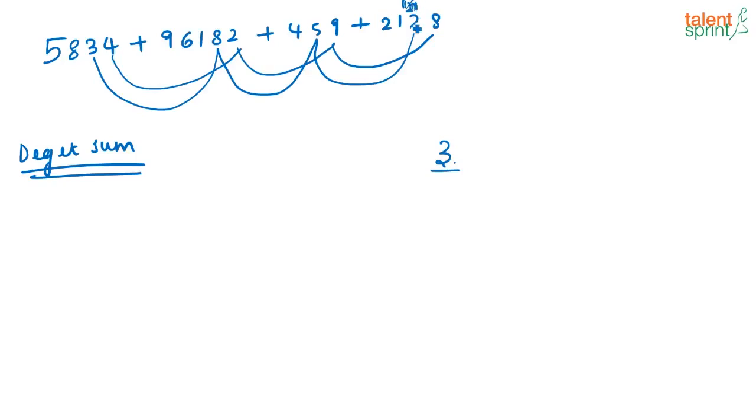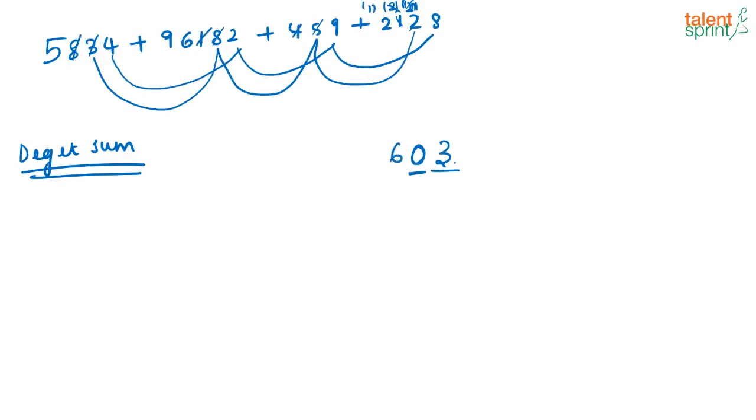So now you have 2 plus 2 is 4, 4 plus 5 is 9, 9 plus 8 is 17, 17 plus 3 is 20. So the digit that comes in the tens place is 0, and you have a 2 carry here, so I am taking the 2 to the next step. Then you have 2 plus 1 is 3, 3 plus 4 is 7, 7 plus 1 is 8, 8 plus 8 is 16.